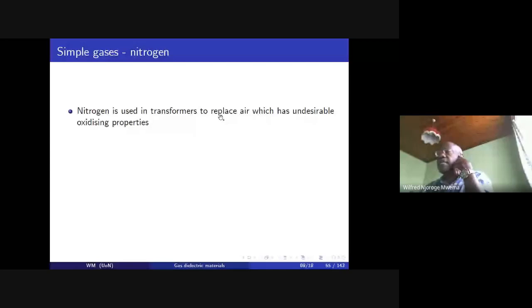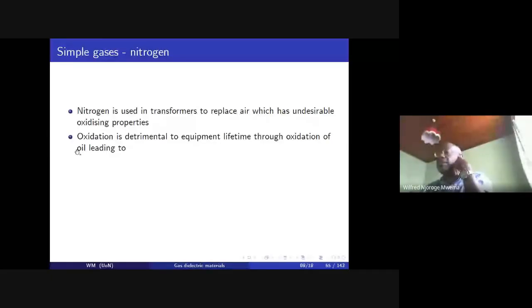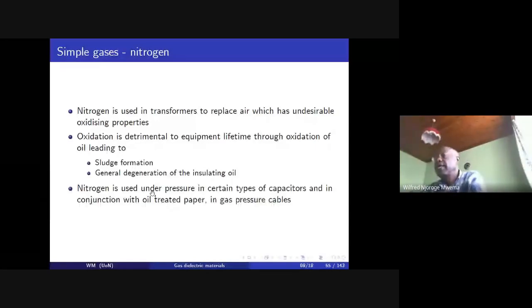This leads to oxidizing properties, thereby degrading the insulating oil contained within the equipment. Nitrogen will also be used under pressure in certain types of capacitors, and in conjunction with oil-treated paper.